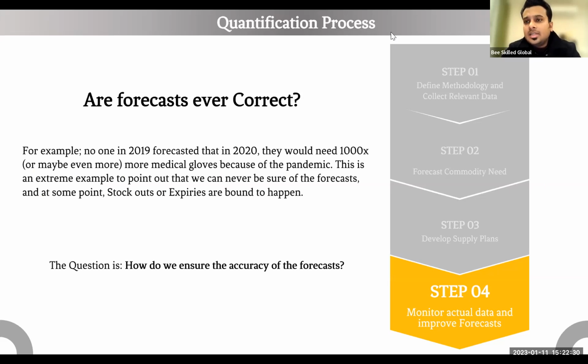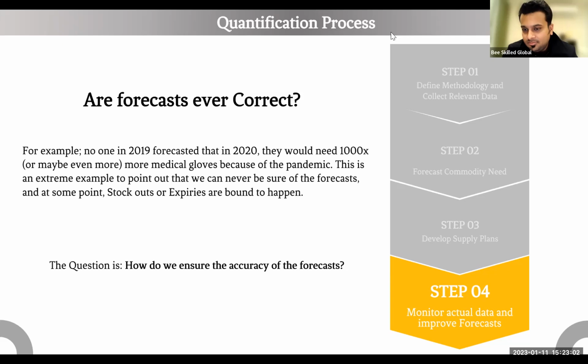Now, before 2020, before the COVID pandemic came, people were doing their normal forecasting. No one knew COVID will come. No one saw that the demand for medical gloves and face masks would shoot up 1,000, 10,000, 1 million times across the globe.